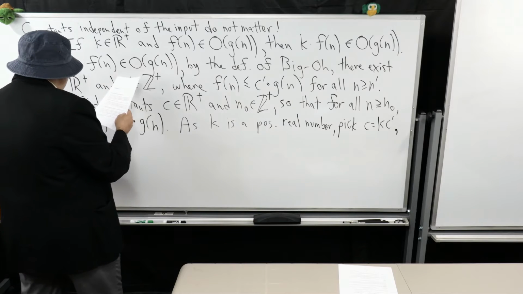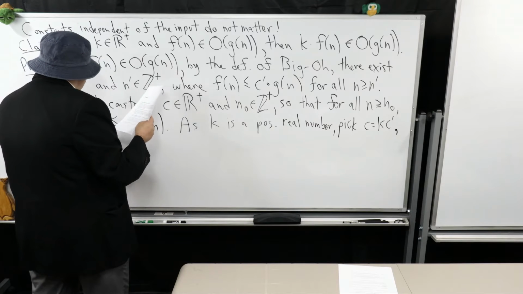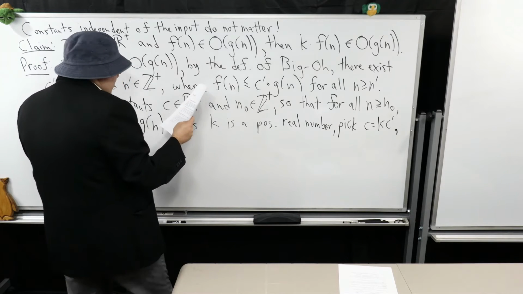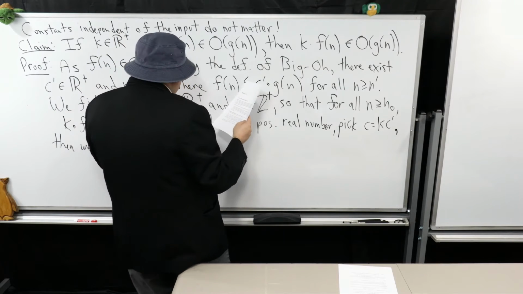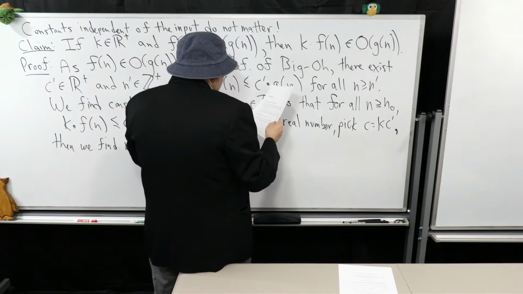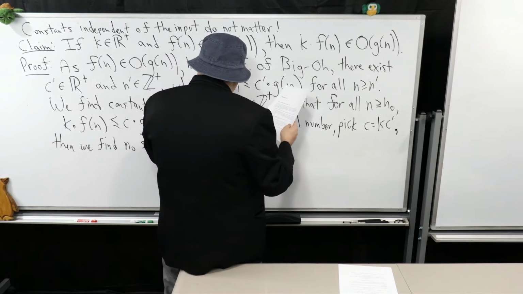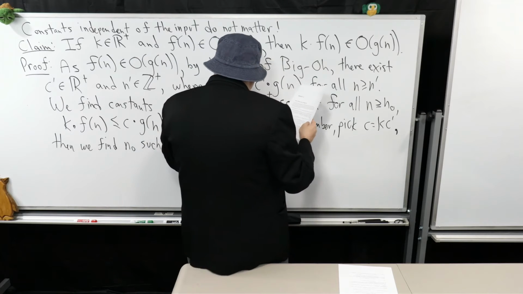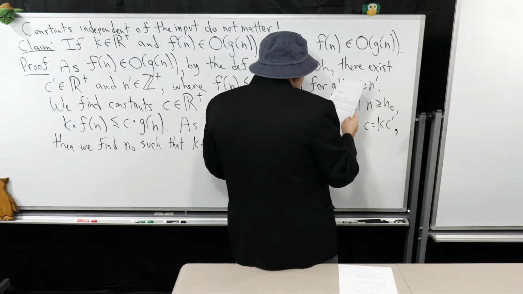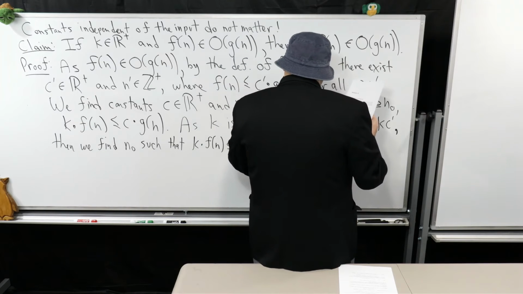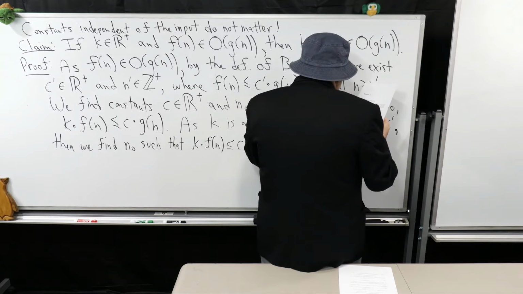Then we find n0 such that k times f of n is less than or equal to c times g of n, which of course is going to be equal to k times c prime times g of n.